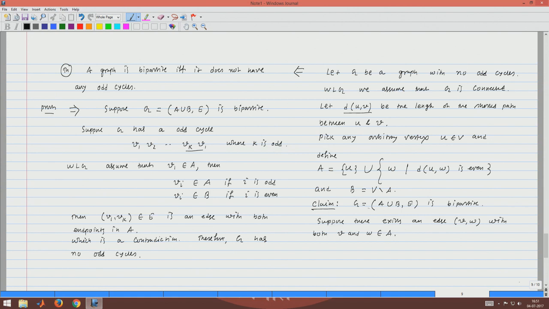So, we are trying to prove that this is bipartite using a contradiction technique. By contradiction means that this is not bipartite, that means there exists an edge between v and w, where v and w both are in the part A. See, in the case of a bipartite graph, there can't be an edge between two vertices in one part, but we are assuming that okay, this is there.